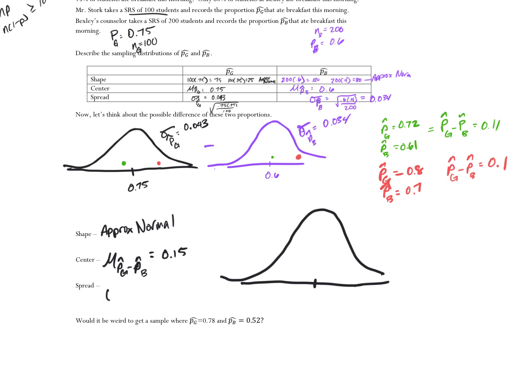And the standard deviation of that new distribution, this is where we get a little hairy, would be the square root of 0.043 squared plus 0.034 squared.